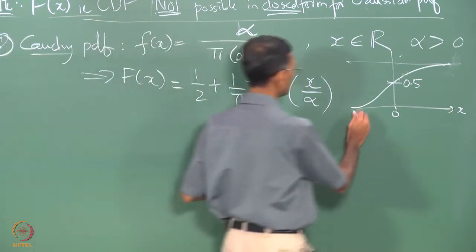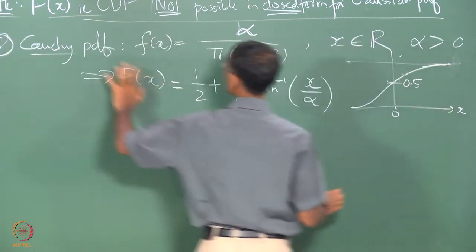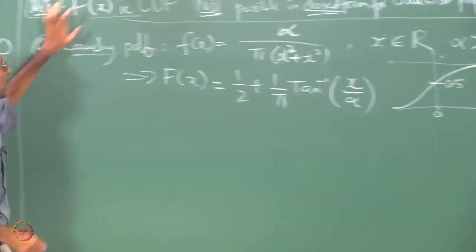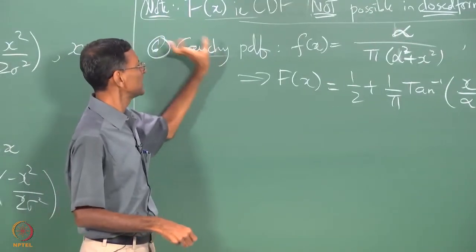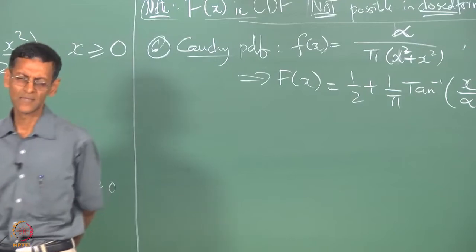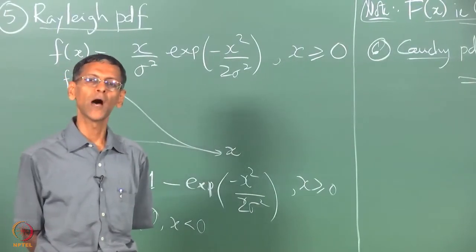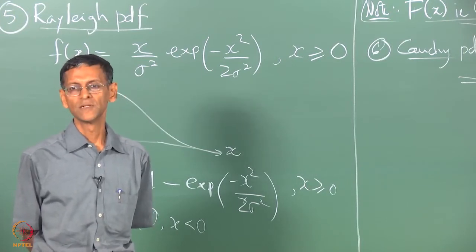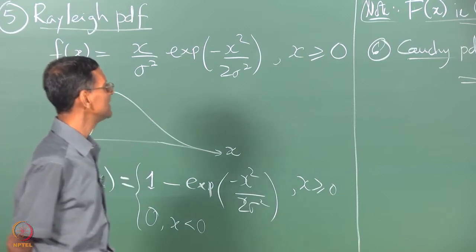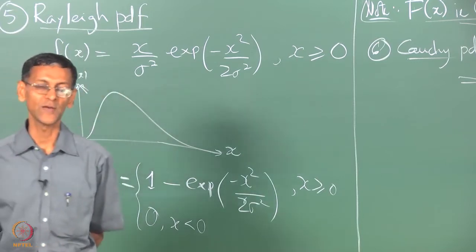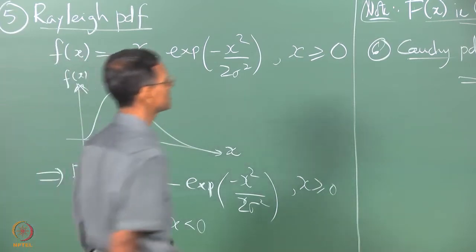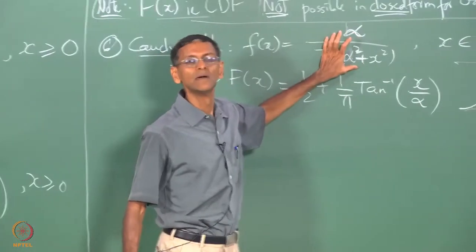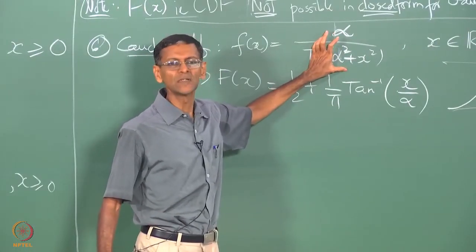But what is the fundamental difference between them? There are some similarities, but there is a big difference between Cauchy and Gaussian or normal. The difference has to do with how the tail of the PDF decays to 0. The Gaussian PDF decays as e power minus x squared, which is very fast, whereas the rate of decay here is just barely sufficient to be integrable.